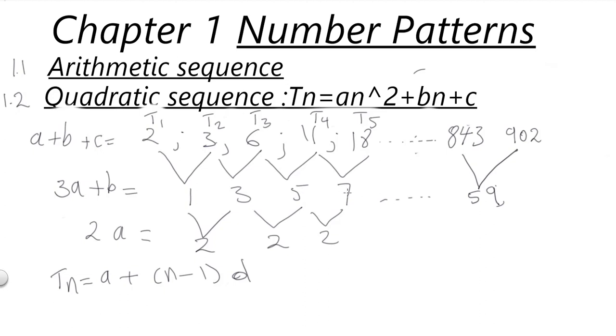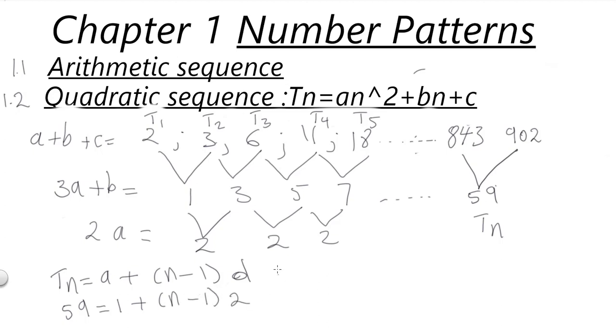What about 59? It's a Tn, because you don't know the value of n. You don't know which term this is. So this becomes simple. This is the formula. Tn is 59. The first term is 1, and then you look for n. And the common difference is 2.